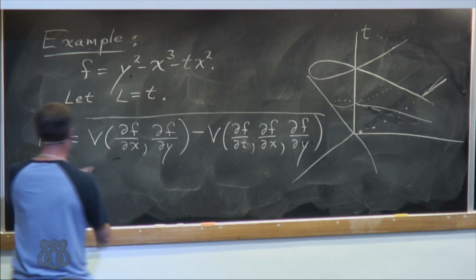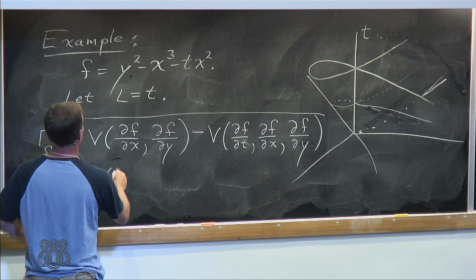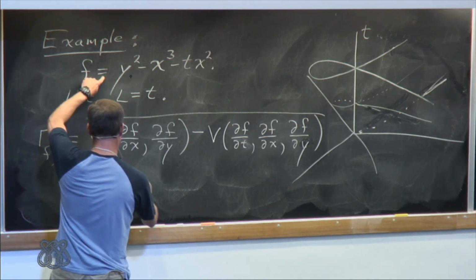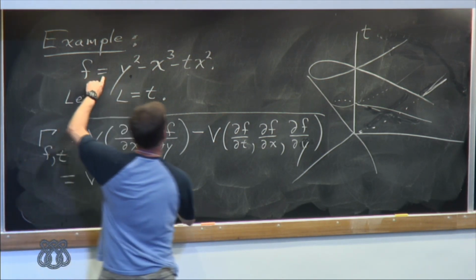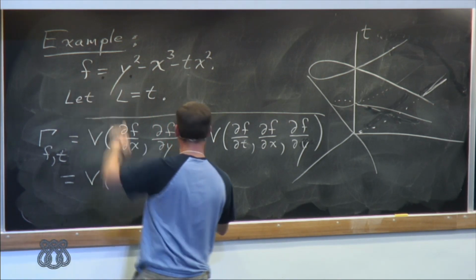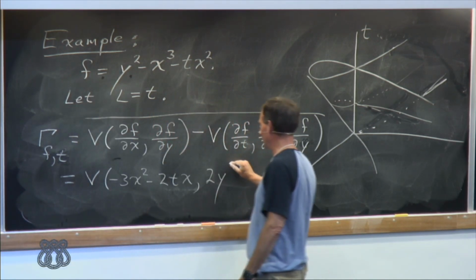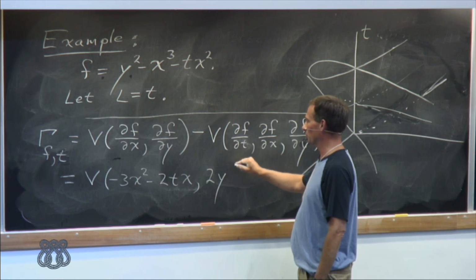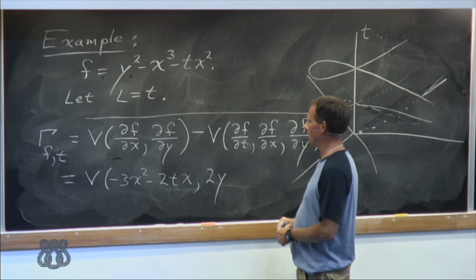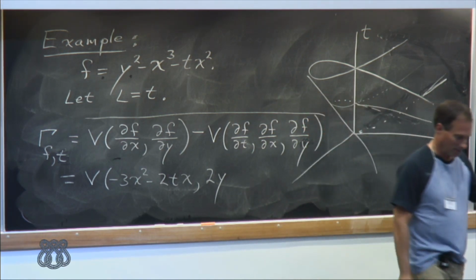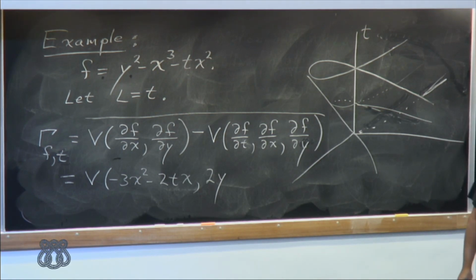All right, what is this? This is V of the partial with respect to x, minus 3x squared, tell me when I screwed this up, 2x, 2y. And then I'm going to subtract the part that's in the critical locus of f, and then I'm going to close it.